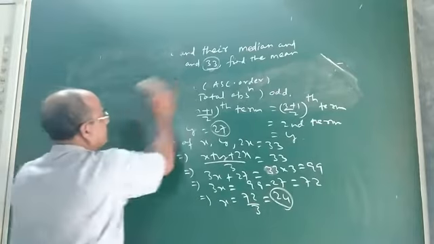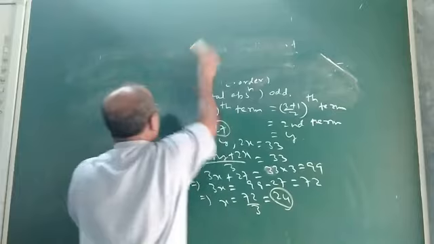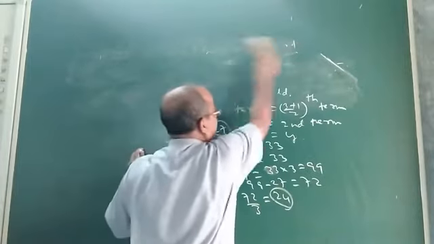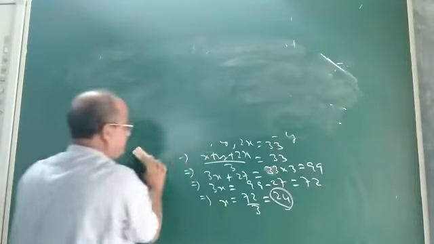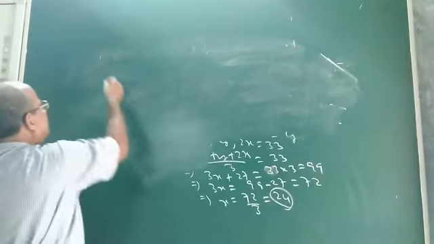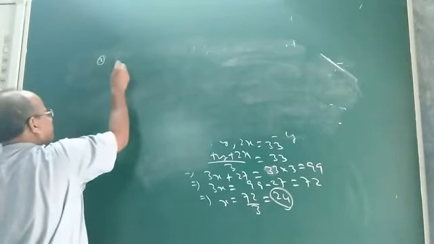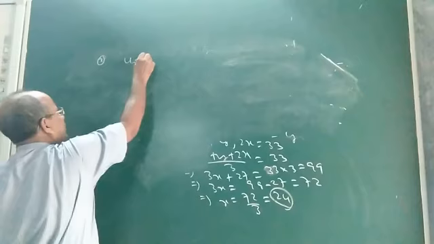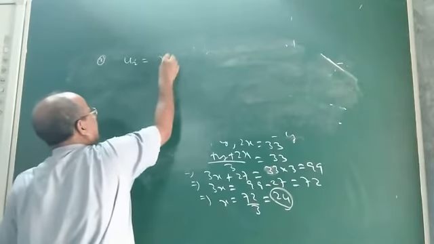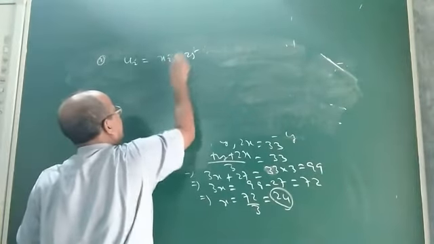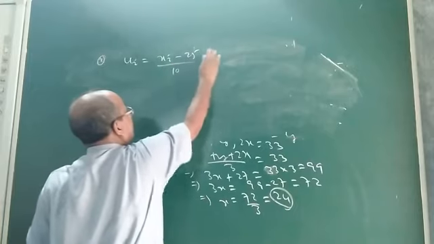Suppose you are given, you know the step deviation method. Let us do a question on the step deviation method of calculating mean. Suppose you are given ui equals (xi minus 25) divided by 10.